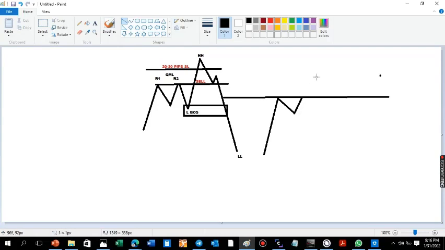It may come out like this and drop. There are a lot of ways in which the market can come back to this level, and then the market goes down. So it can come to this level, it can come to that level. It comes to somewhere around this level here, and then drops.